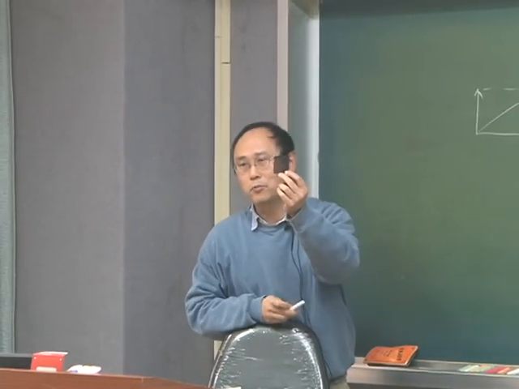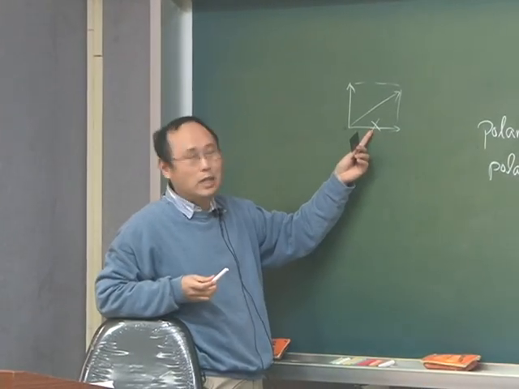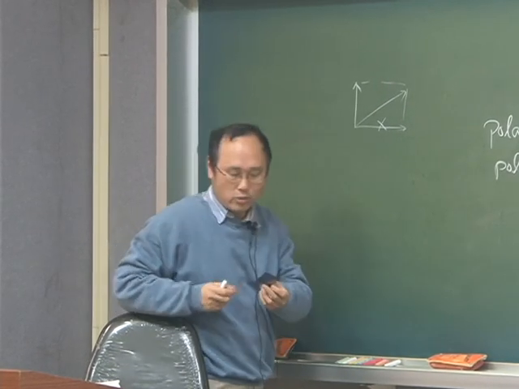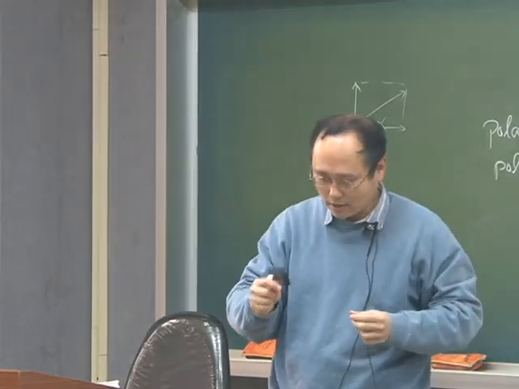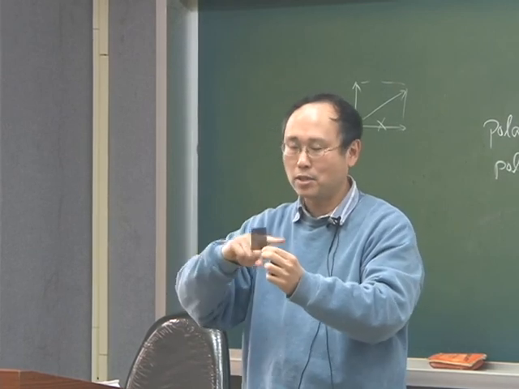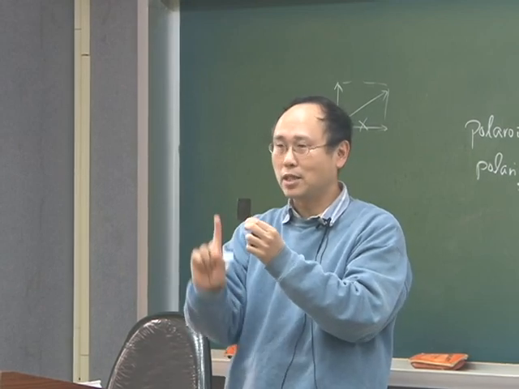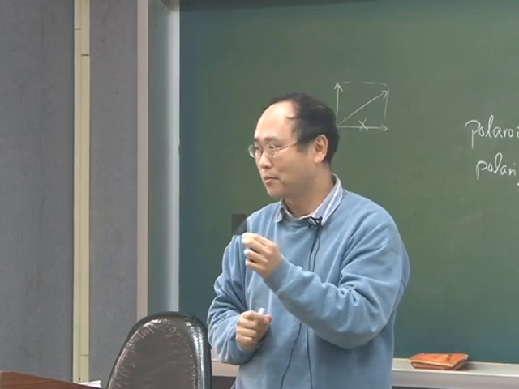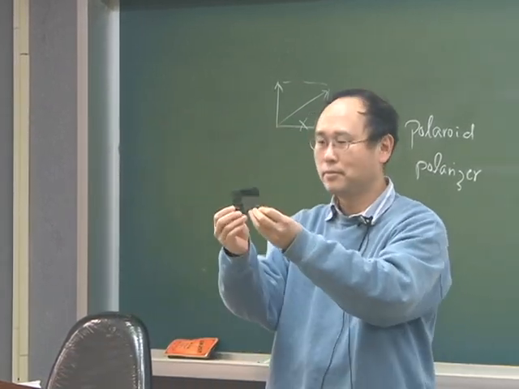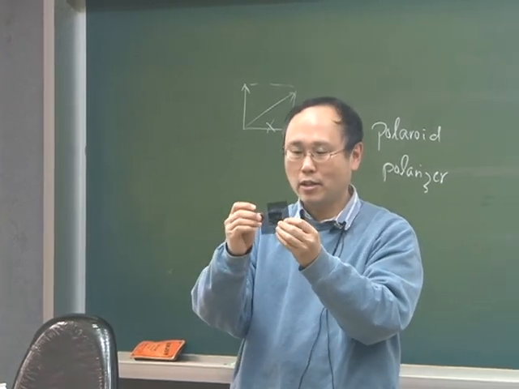So you can use a piece of polarizer to absorb the polarization along this direction and leave the polarization along this direction. So if I take this polarizer, and its transmission axis is in this direction, then the polarization behind this polarizer is along this direction, because the light polarized in the other direction is absorbed.